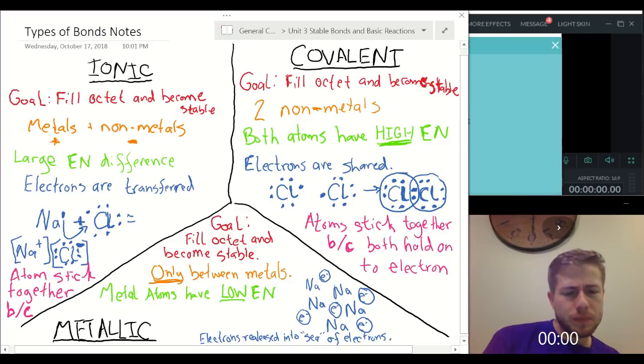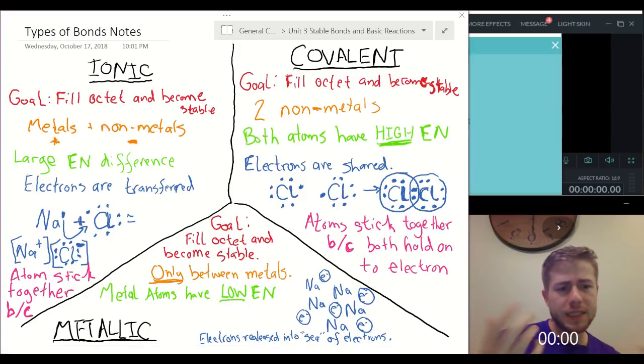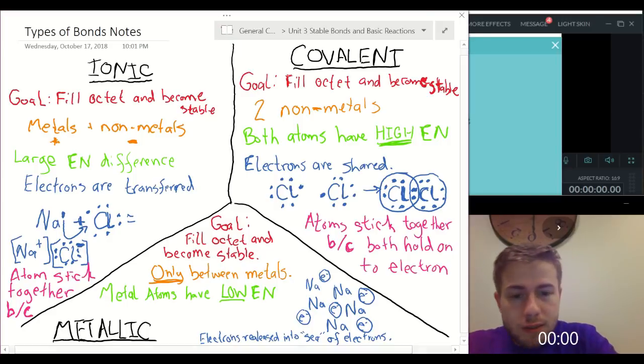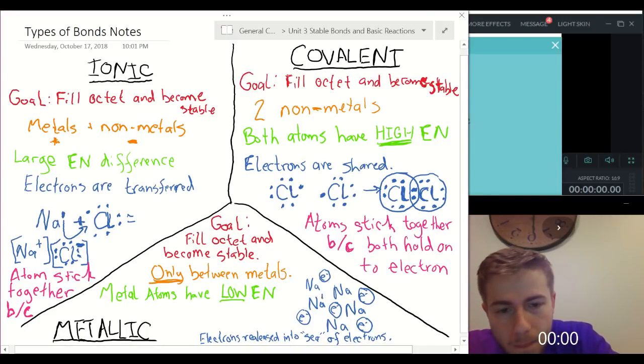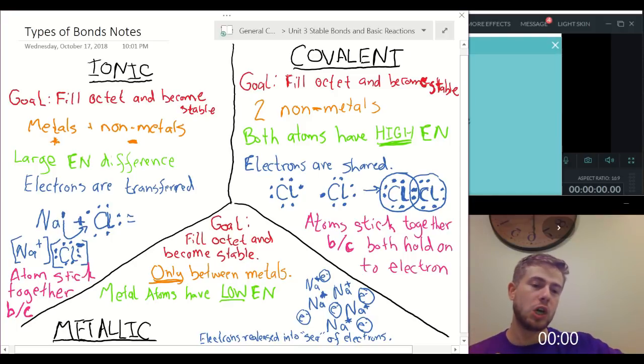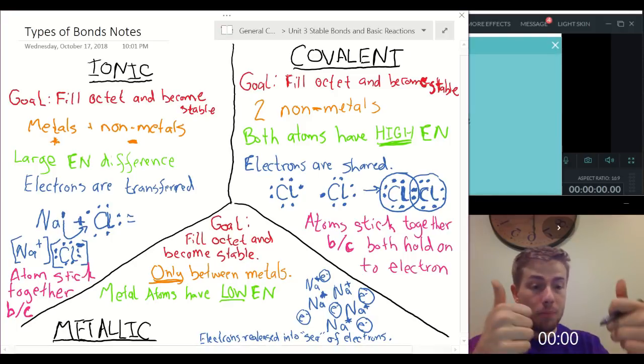And the reason these guys stick together is because as soon as those sodium atoms release their electrons, they are now positive ions, or positive sodium cations. So I'll put a little plus on all of these sodiums to show that they're now positive. They've lost a negative charge. When you lose a negative, you're now positive.